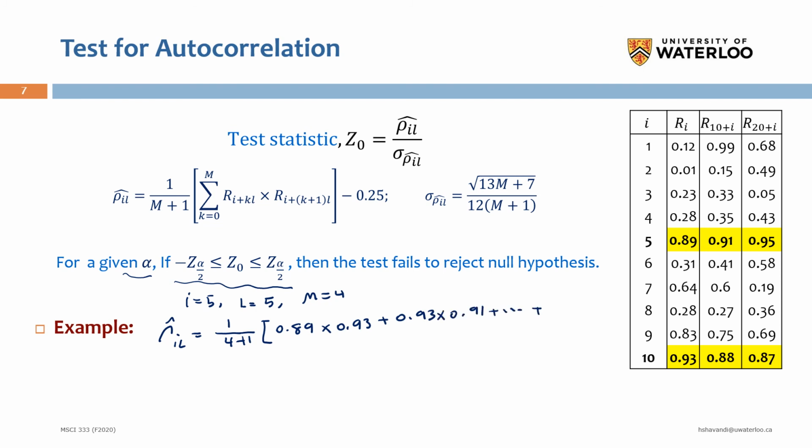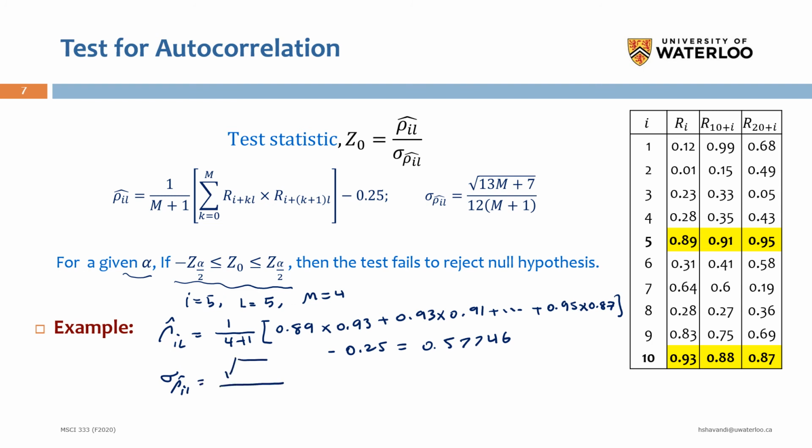At the end, we have 0.95 times 0.87. So this minus 0.21, it becomes 0.57746.